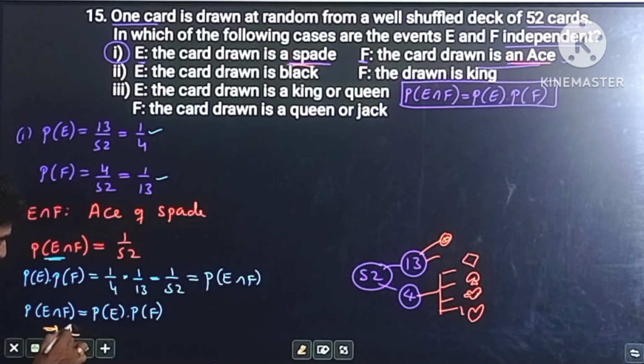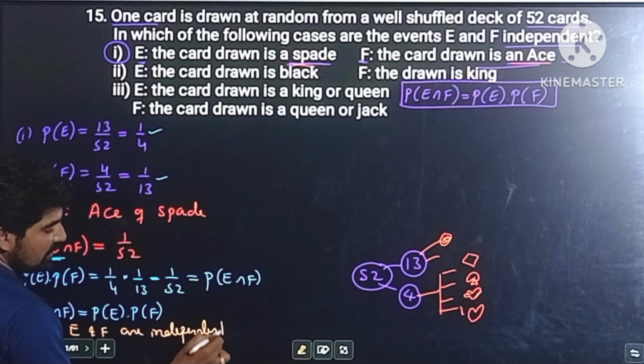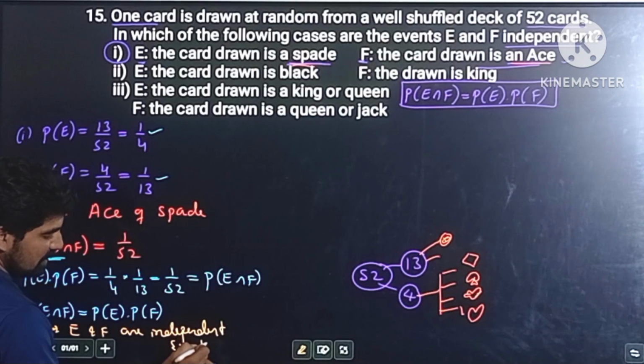So E and F are independent events. I hope all of you understood this.